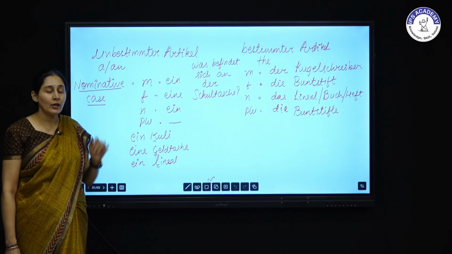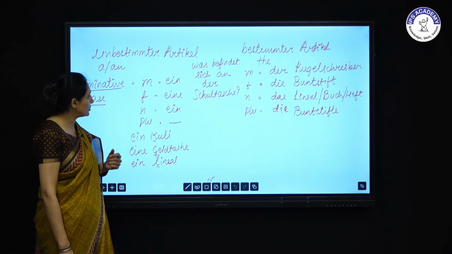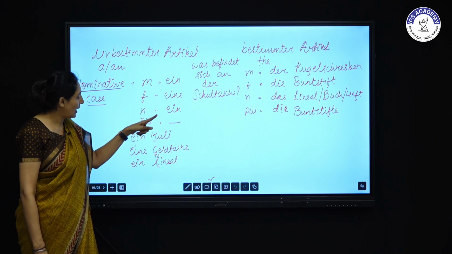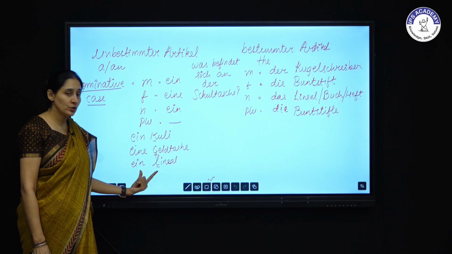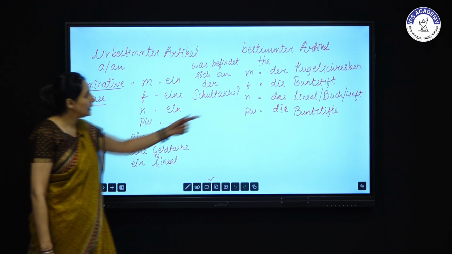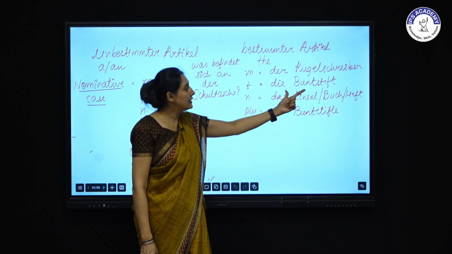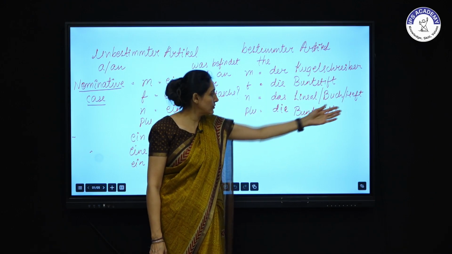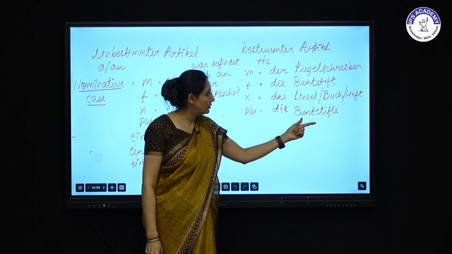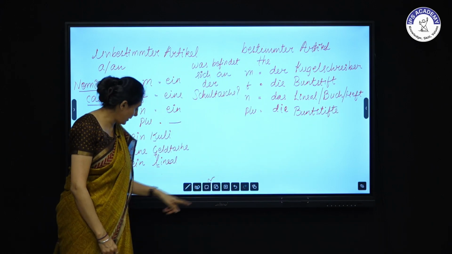Wir haben viele verschiedene Sachen in der Schultasche. Ein Kuli, eine Geldtasche, ein Lineal. The same way we have der Kugelschreiber, das Lineal, das Buch, das Heft, die Buntstifte. Buntstifte, that is colored pencils.